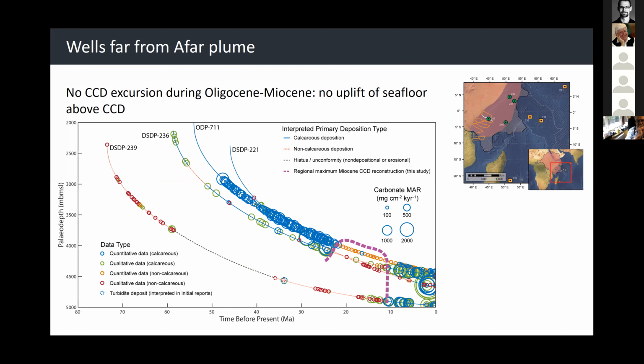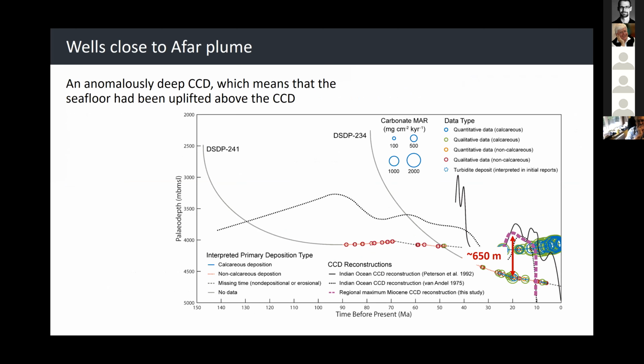But this story is different for the wells that are close to the Afar plume. You can see 2 examples here, DSTP 241 and DSTP 234. The purple line again is our calculated Paleo-CCD. Now, by comparing and contrasting these lines with each other, we can calculate the most likely elevation of the seafloor that it experienced as a result of this Afar plume.